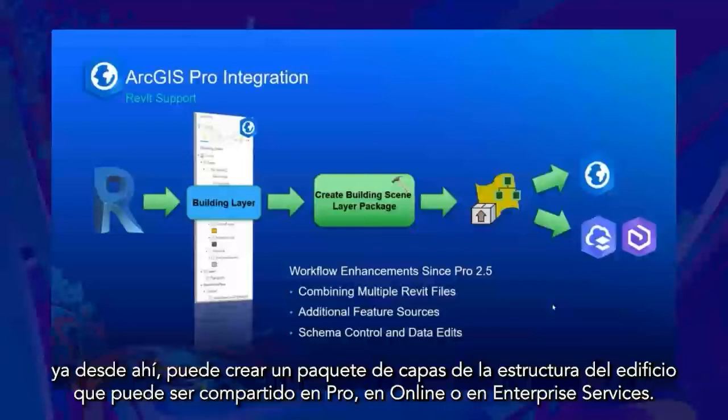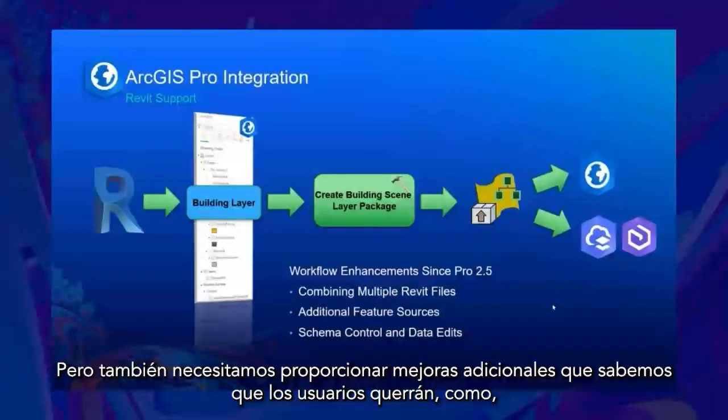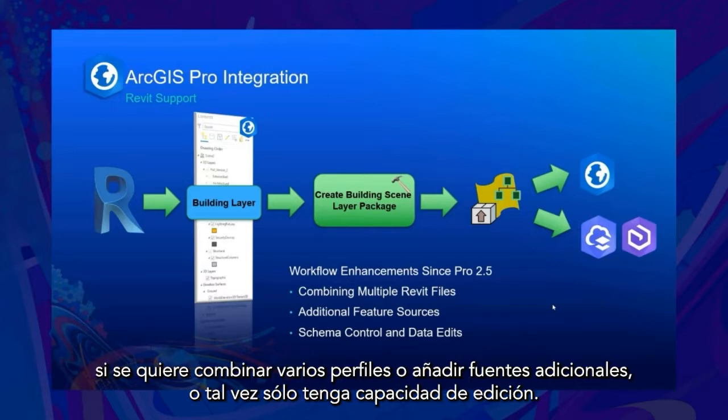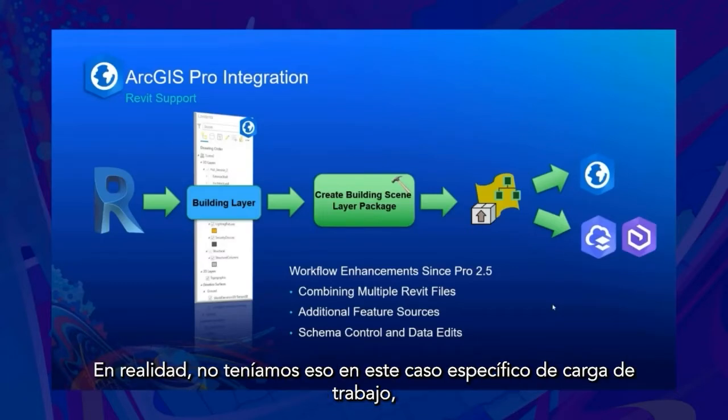And then from there, you can create a building scene layer package that can be shared back into Pro or into Online and Enterprise services. But we also needed to provide additional enhancements that we know users would want, like if you wanted to combine multiple Revit files or add additional sources, or maybe just have editing capabilities. We didn't really have that in this specific workflow case.